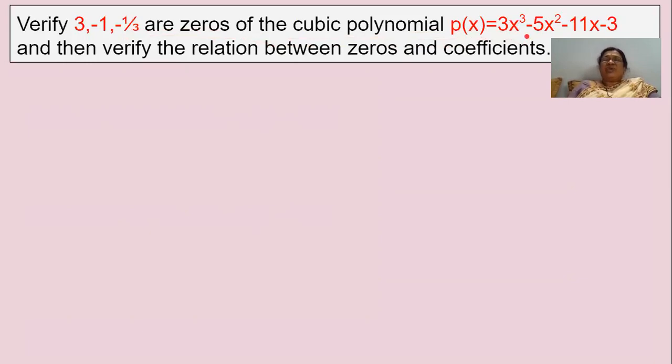So we have to verify first of all, and we have to verify the relation between the zeros and the coefficients. We have done this type of problem for a quadratic polynomial. Now we'll do the same problem for a cubic polynomial. Here the zeros are given, and he is asking us to verify whether these are the zeros for this polynomial or not.